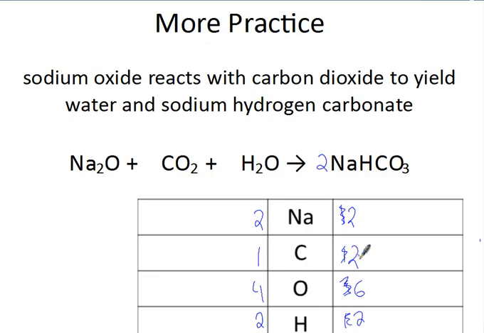So let's see, if we've got 2 carbons on my right and 1 carbon on my left, I can balance that out with a 2 here, and that gives me 2 carbons, 4 oxygens here, but don't forget to add these in. So 1, 2, 3, 4, 5, 6 oxygens. And look at that. I have myself a balanced equation that's actually pretty tough.